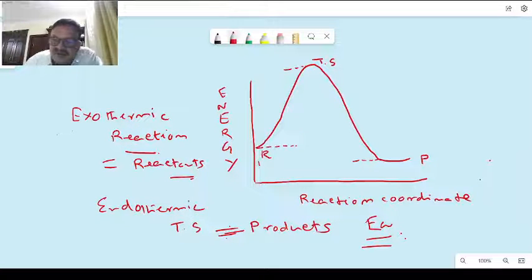According to the Hammond postulate, the transition state to form the more stable product is lower in energy. So this reaction should occur faster. We are concerned with the rate of the reaction here. That is, with two possible products in an endothermic reaction, one is more stable compared to the other, meaning lower in energy.